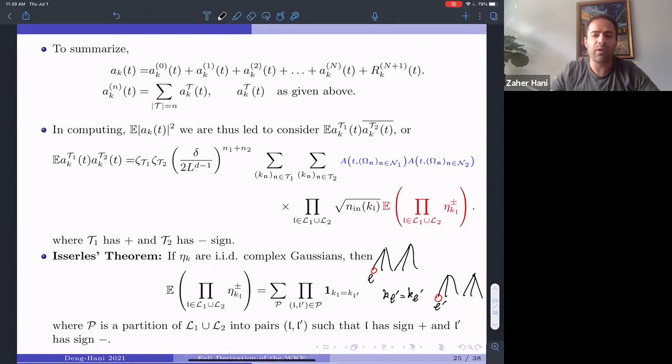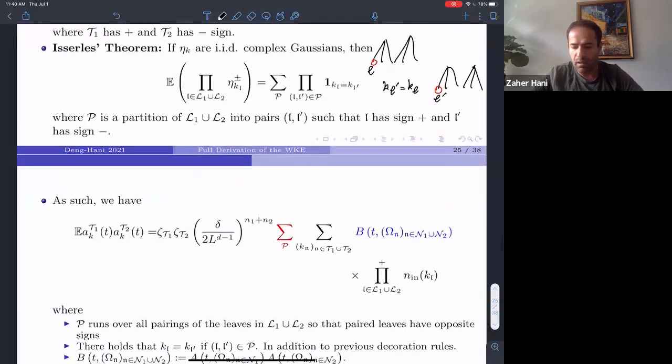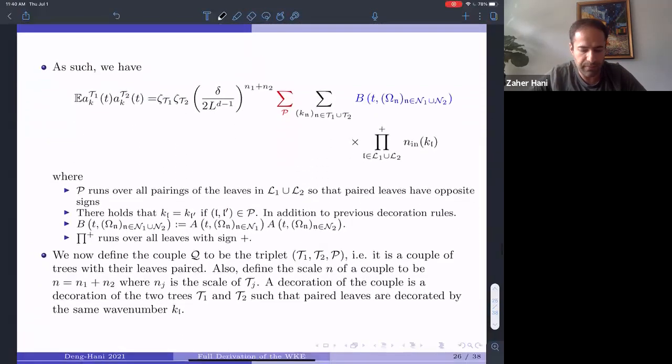If I decorate L by k_L, then I have to decorate its paired leaf with the same wave number. This is something that is also usual in previous treatments of this topic.